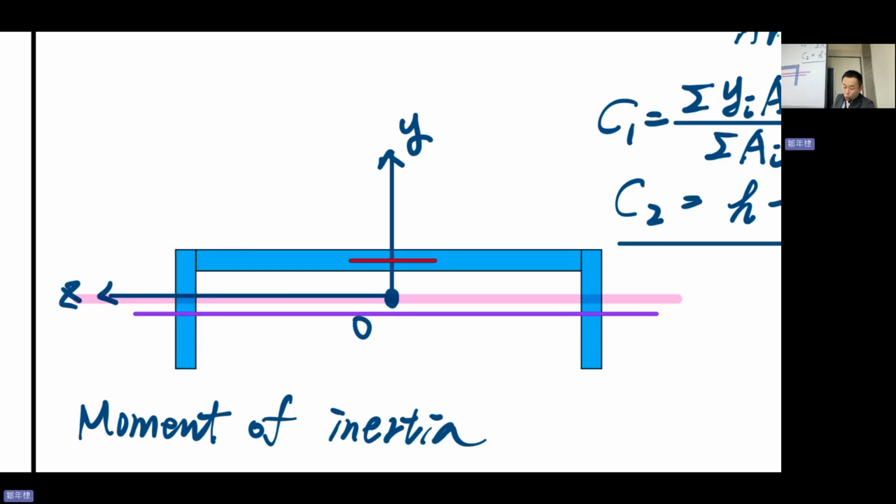Okay, so we need to move parallel theory, 平行轴定理, parallel axis theorem. We need to move from this I to the pink axis, and we need to move the purple axis to the pink axis.